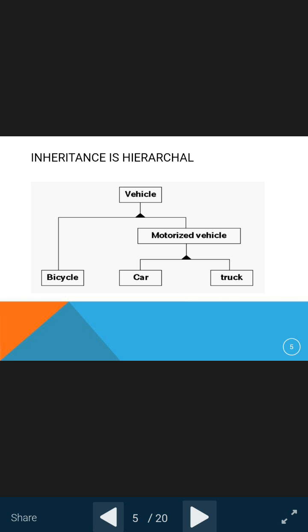Car can have car class features, motorized vehicle class features, as well as vehicle class features. The truck can have truck class features, motorized vehicle class features, as well as vehicle class features. Coming to the bicycle, it can have bicycle class features as well as vehicle class features. So this is hierarchical inheritance.